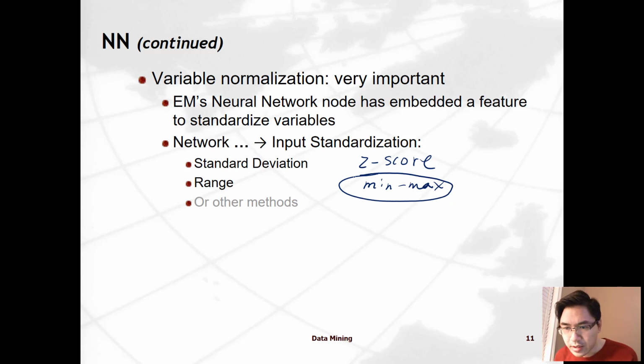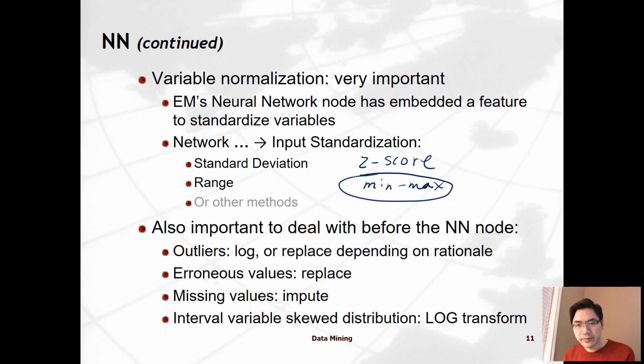You'll see that the values inside the neural network after each activation function are capped between 0 and 1. So that's why the input variables had better be kept between 0 and 1. That's when the min-max standardization becomes very useful.